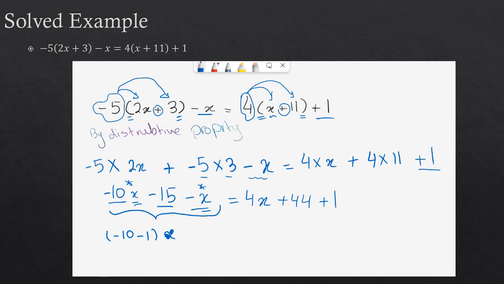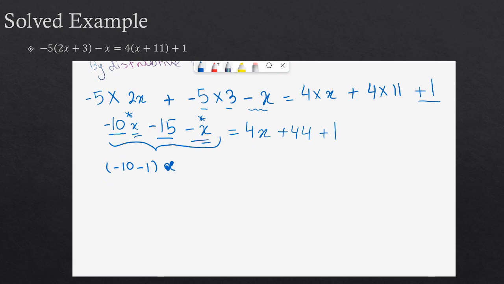Okay, so minus 10 minus 1 is nothing but minus 11. Okay, so we write down minus 11x minus 15, okay, equal to, in the right hand side we have 4x, a term that includes x, and we have 44, a constant term, and we have 1, a constant term too, so both are alike or like terms, so we just add them together, okay.